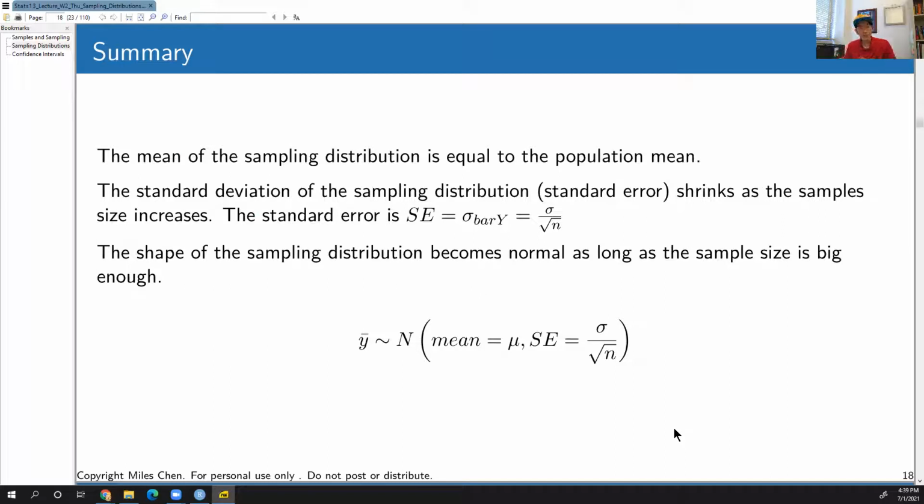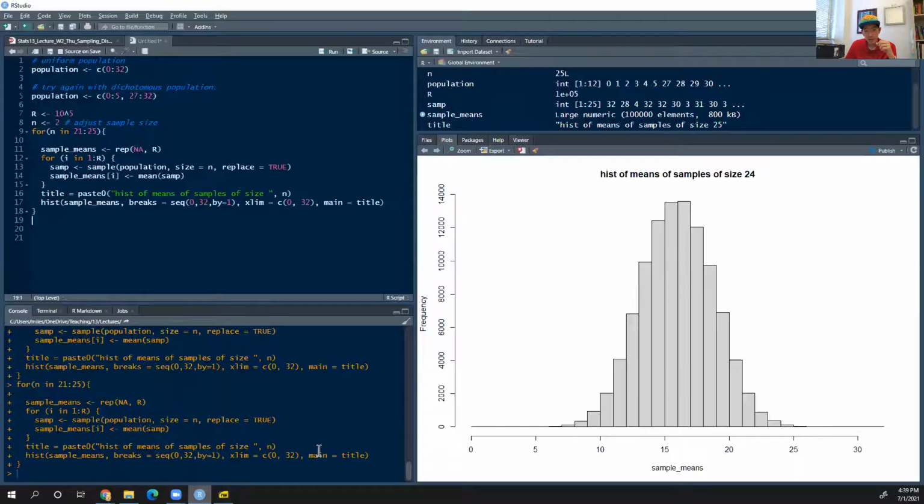That's one of the big key ideas in today's lecture: the mean of the sampling distribution is going to be equal to the population mean. And as the sample size increases, the standard deviation of the sampling distribution, the spread that we see in these graphs, will shrink, okay?